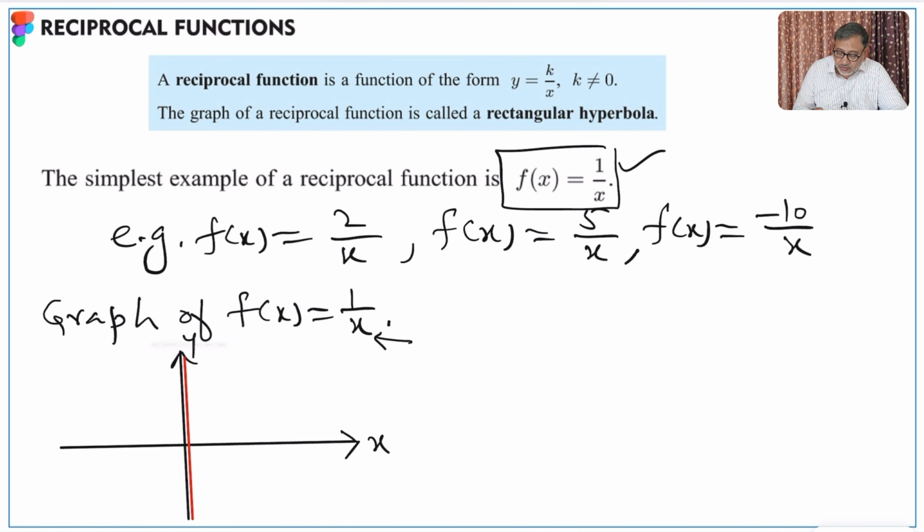And similarly, 1 upon a non-zero value will never be 0, so the horizontal asymptote will be the x-axis. I will draw close to it. Yeah, like this. Okay, and then around it we are going to draw this graph.